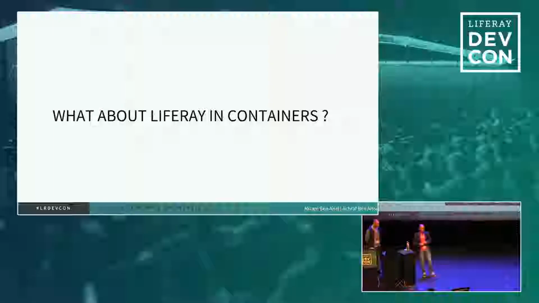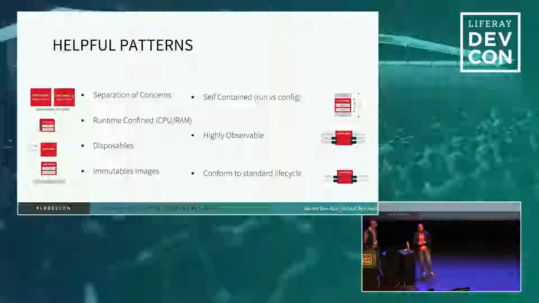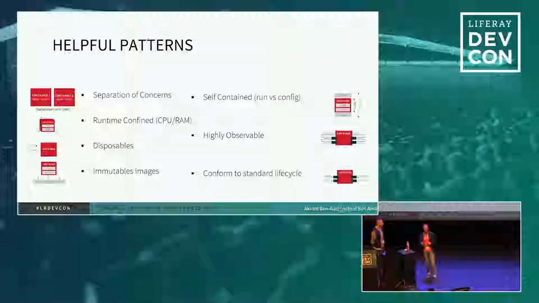So what about Liferay in containers? If you want to run your application inside containers, there are some very useful patterns that you can apply. First of all, and this is very common in software engineering, it's about separation of concerns. You can apply this separation of concerns at different levels.